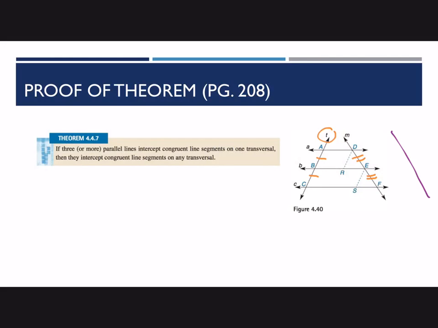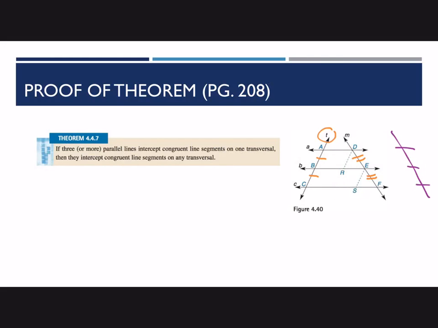So if I were to go farther down and draw another one, then I'd have two more congruent segments. Or maybe I want to go down the middle here, and then these ones would be congruent.